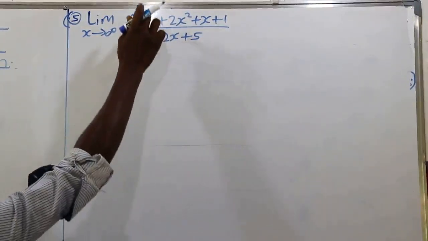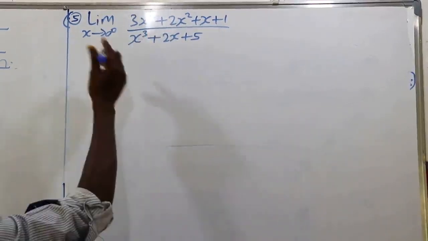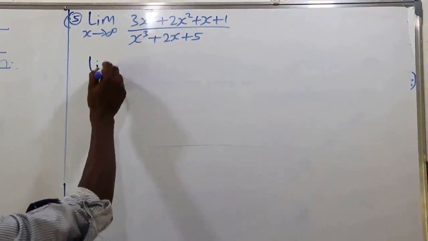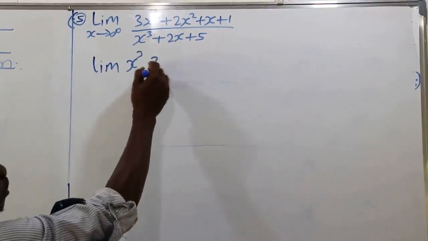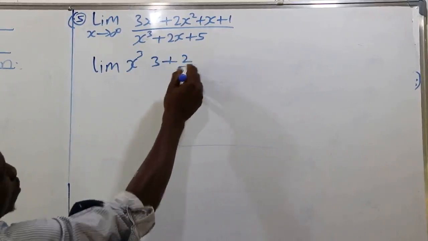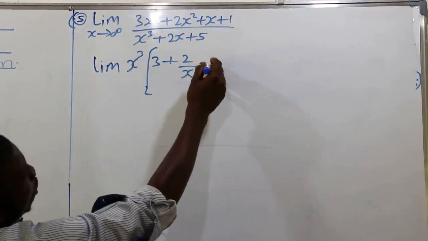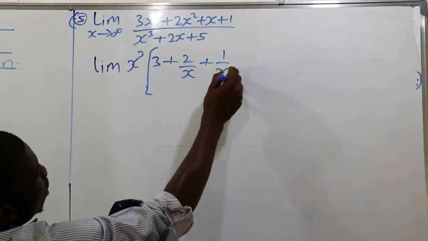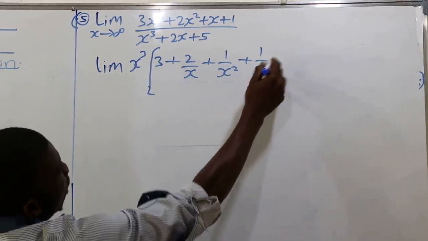Now, there's something common among this numerator and denominator. x squared is common. Factor out. Now, this one gives us lim x cubed is common. Now, it will remain 3 plus 2 over x plus 1 over x squared plus 1 over x raised to power 3.